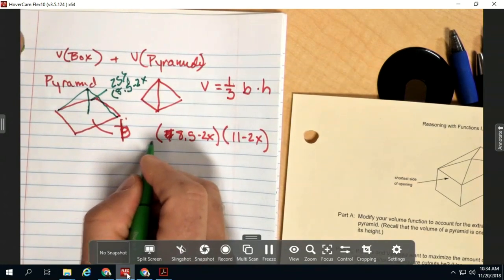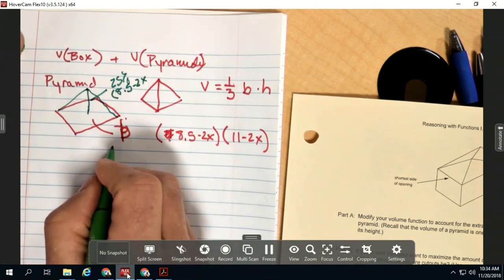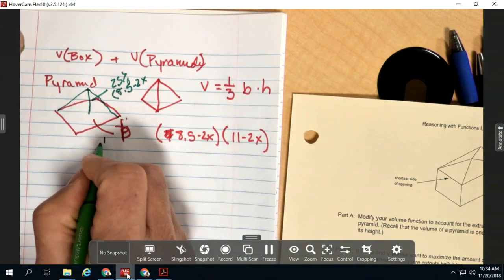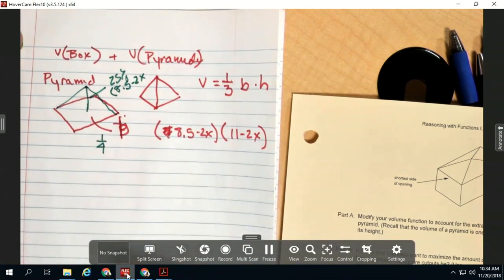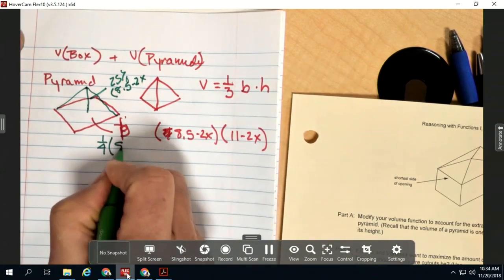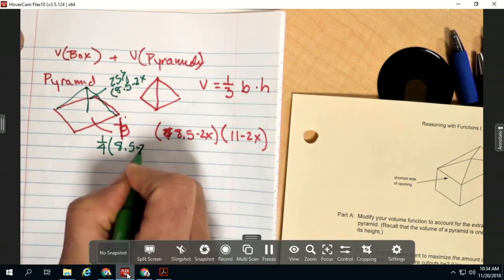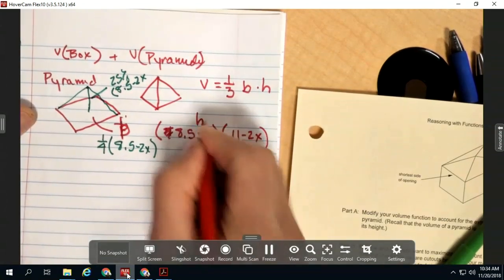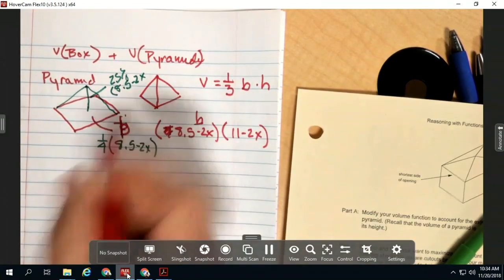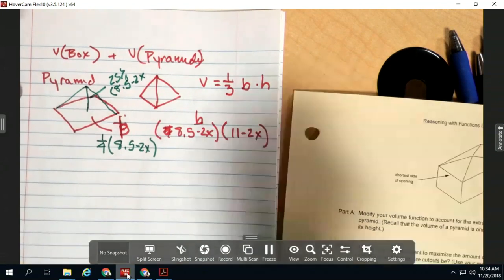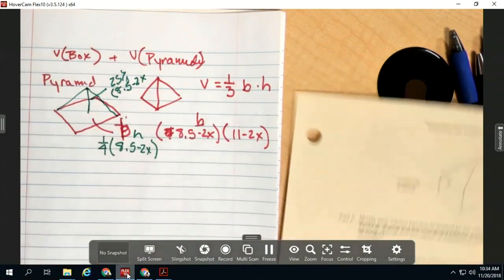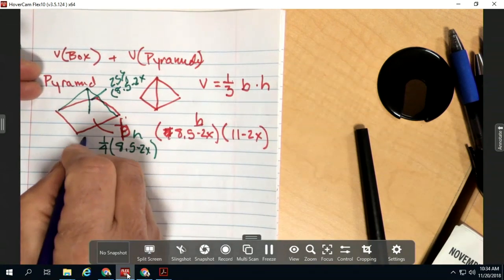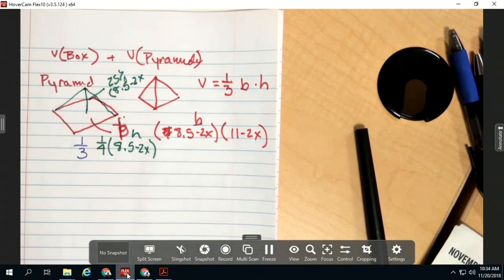So we're going to take that base times the height, 1/4, that's 25%, of 8.5 minus 2x. So here's our base, here's our height, and we have to multiply it by 1/3.